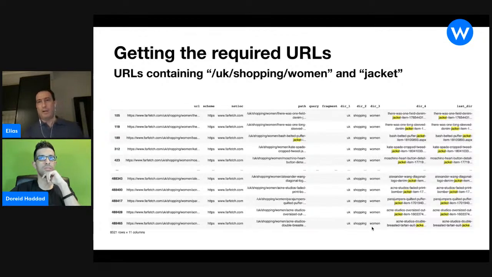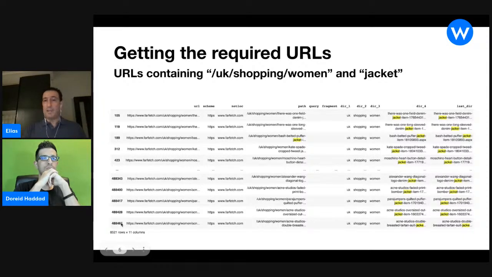And then we filter by anything where directory 4, or the last directory, in case it's the same thing, contains the word jacket. Now, another piece of interesting information that we get from this filter is right over here. So this tells us that we have 8,521 jackets on this website. So again, this is building our knowledge, our understanding of this site.